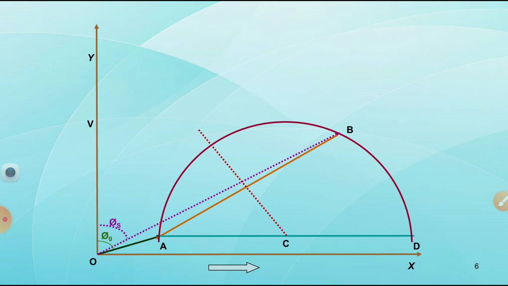You can observe, dear students, A, B, D are on the circumference of the circle. So this is another step: after bisecting and drawing AD as a baseline, you get C as a center, with AC as a radius, and draw the semicircle.